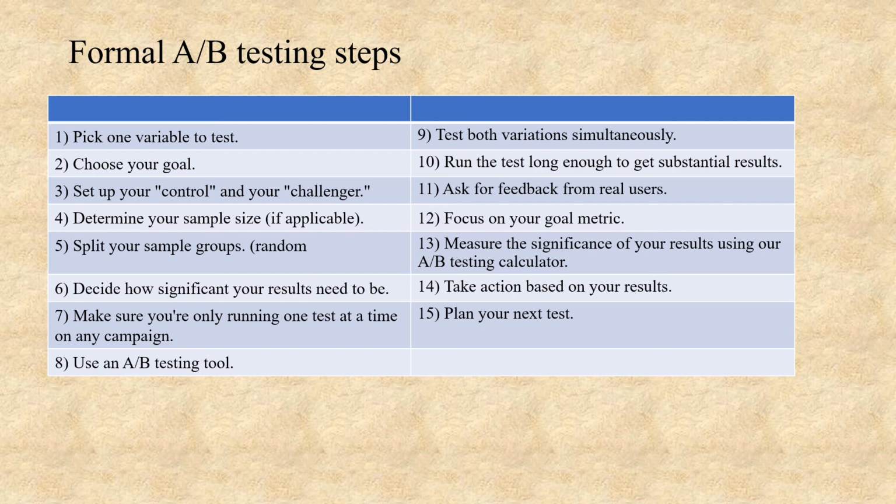Test both variations simultaneously. Run the test long enough to get substantial results. Ask for feedback from real users. Focus on your goal metrics. And then find out which version did better, and then take action based on your results and test again. Good database marketers are testing all the time.